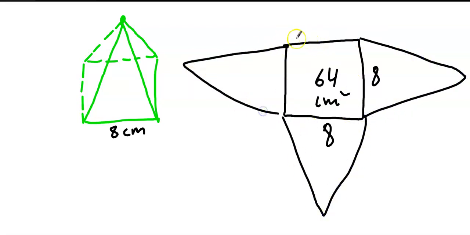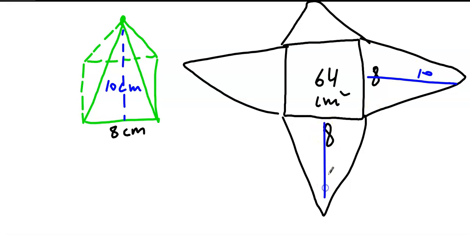Now around it are triangles, and they go like that. There's 4 of those. Now, we need the actual height of the triangle in order to figure out how tall it is. So the height, I'm going to label it as 10 centimeters. So this is 8 by 10, this is 8 by 10, and this is also 10, and the other one's also 10.